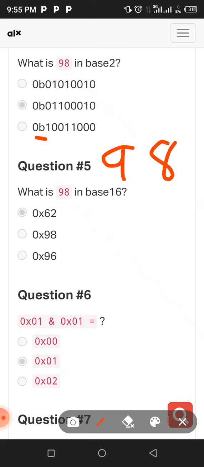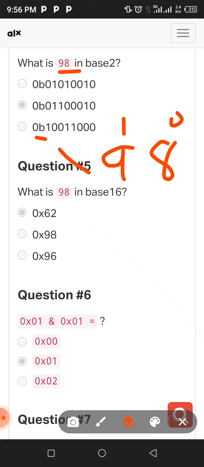Note, this is in base 10, not hexadecimal. So we're converting to base hexadecimal before we'll be able to convert it to this. I told you the difference between this 98 and the one that has 0x: the one that does not have 0x is base 10, but the one that has 0x is hexadecimal. Please make sure we don't forget that.